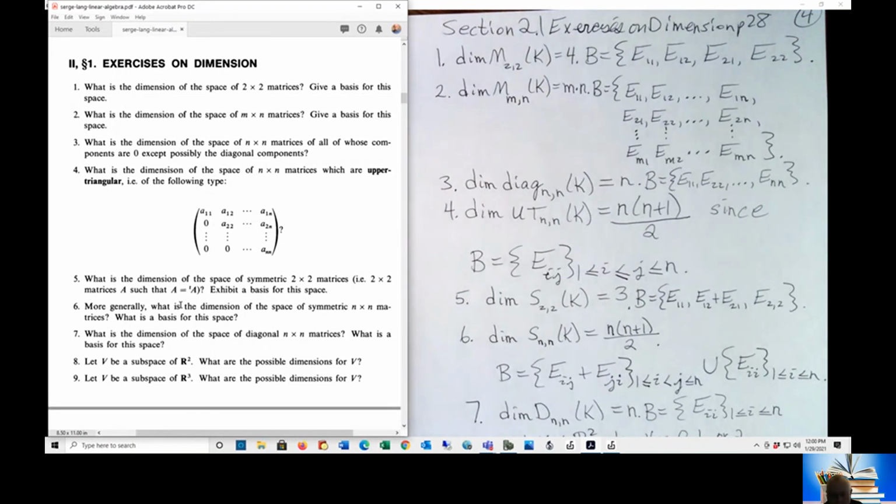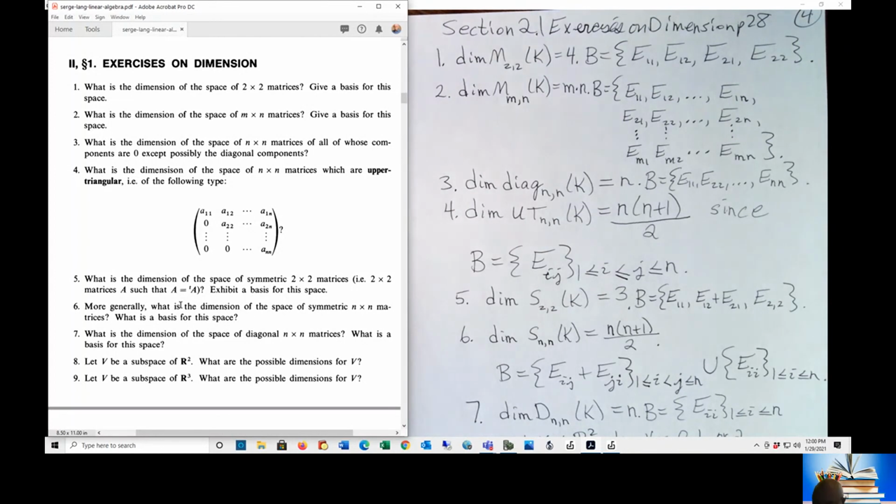Now, think about it, for example. Just suppose you have, let's say, 3 by 3 matrices. How many entries are on the diagonal? 3. How many entries are above the diagonal? 3. Of course, 3 and 3 is 6.